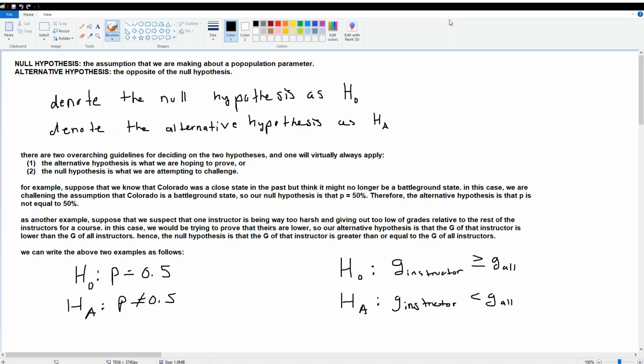So with any kind of hypothesis, we have this guess as to what we think is true or might be the case, and we test it. If it's not the case, then we reject it and go with the opposite. If it is the case, then we collect more data and try again.